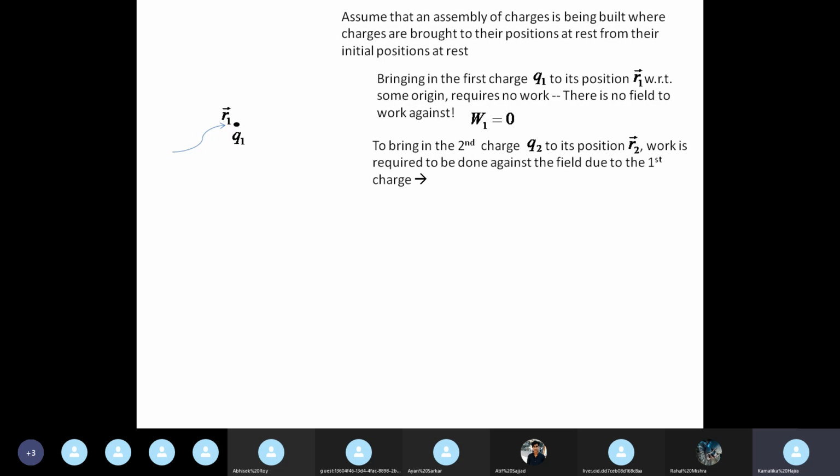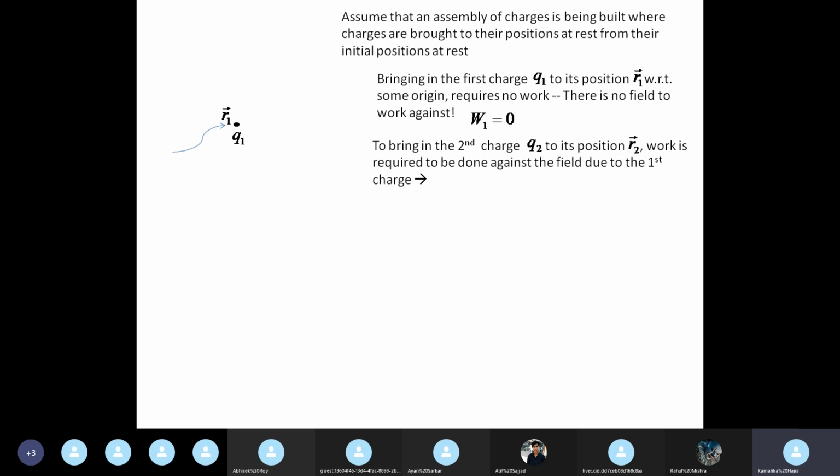But the moment you want to bring in the second charge Q2 to its position R2, there is already the field due to Q1. So now you have to work against the field due to the first charge. Only W1 is 0.